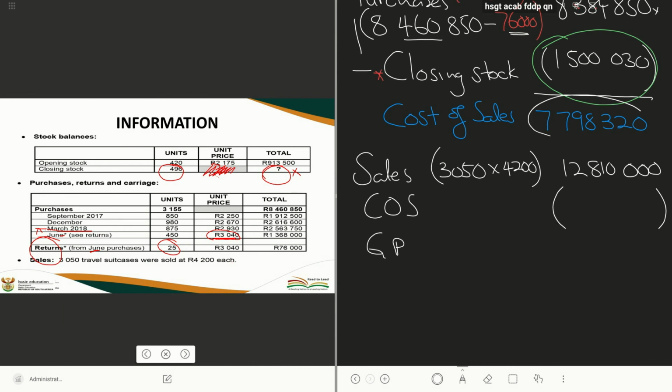What do you subtract? Yes, you're very correct. You subtract your cost of sales, which is 7,798,320. When you do this, you will get what is known as gross profit.